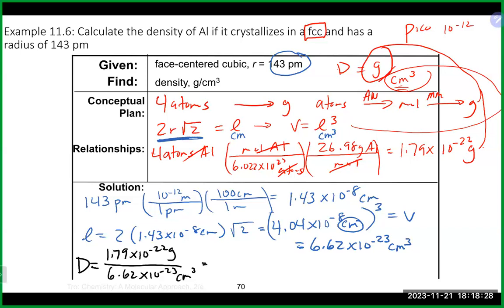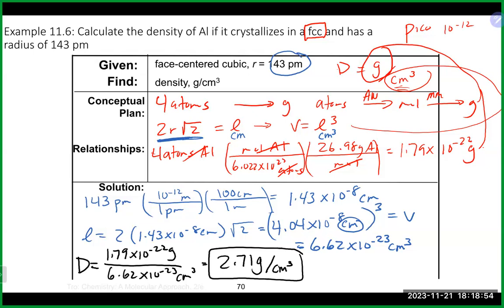If we do all that, again making sure to use your exponent button, that looks like 2.71 grams per cubic centimeter. That's a lot of numbers to get there, but we did get there. So the density of aluminum would be 2.71 grams per cubic centimeter.